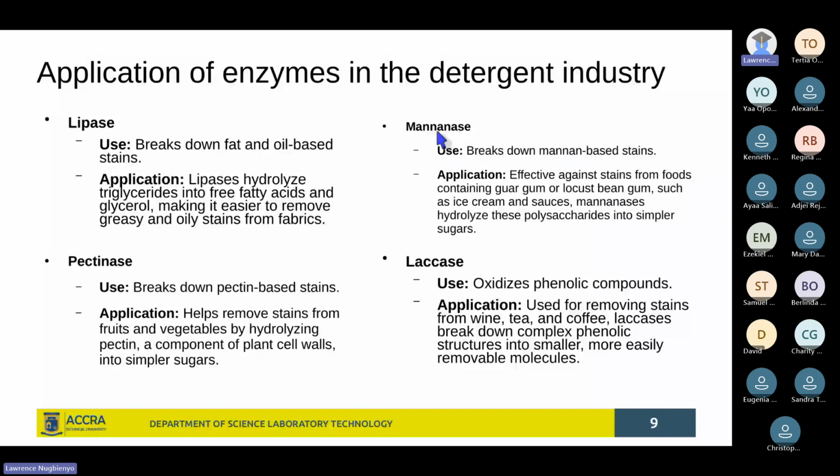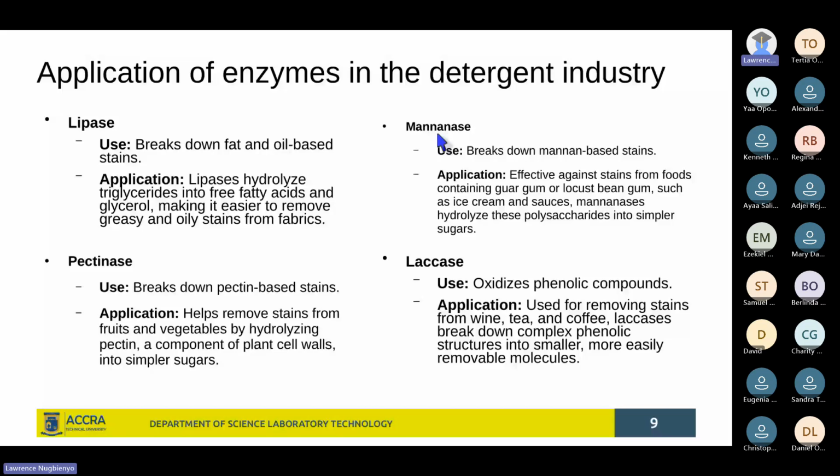So you have these detergents that are incorporated with these enzymes. The enzymes are like ingredients in the detergent you buy.